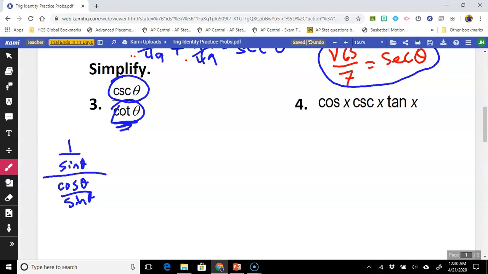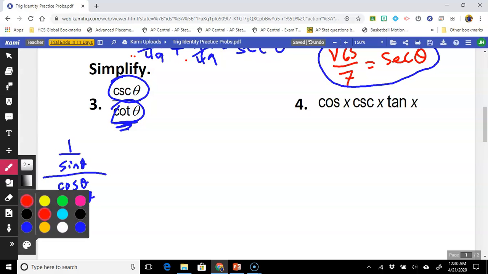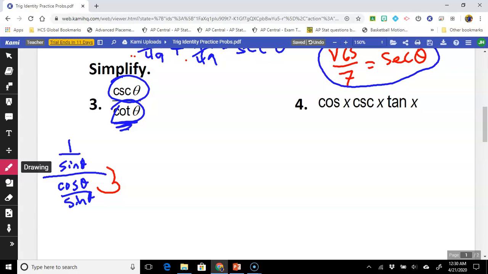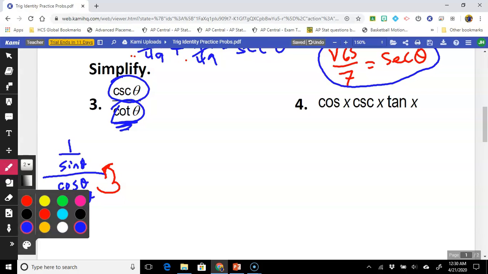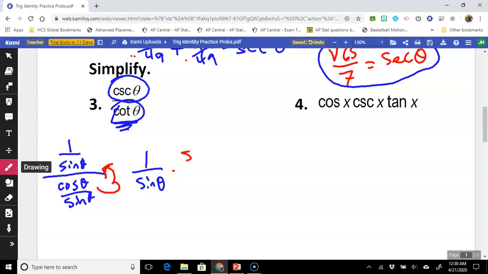Now, based on our rules, what you do at this point is you take your bottom and you flip it over and take it to the top and multiply it. So what I have is 1 over sine of theta, and I'm going to multiply that times sine of theta over cosine of theta.